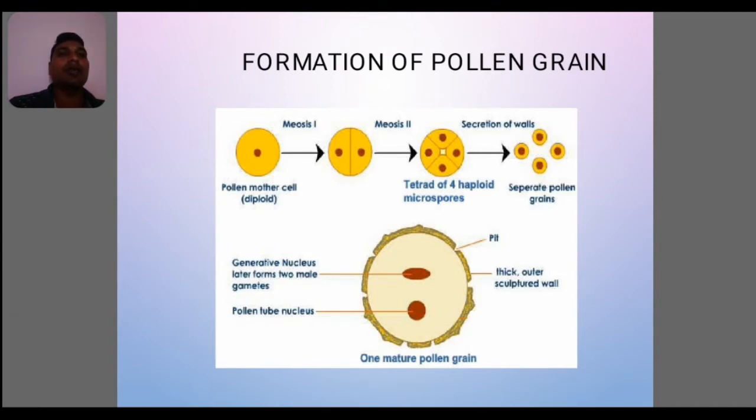Then in the second meiotic division, which is similar to mitosis, four cells are formed, and because of the secretion of walls, four separate pollen grains are released from one pollen mother cell.